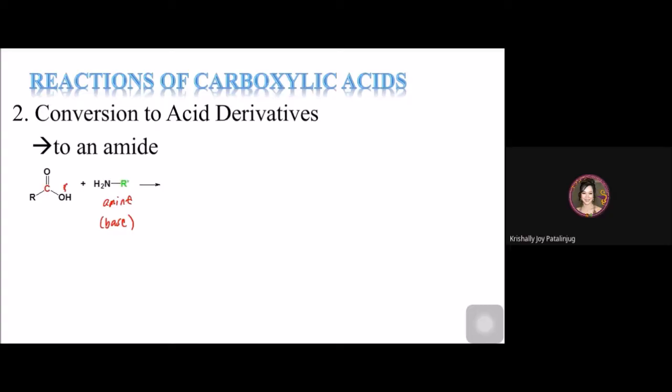Meaning to say, the whole leaving group hydroxyl will not be removed initially from the carboxylic acid. It will be deprotonated in order to donate that proton to the basic amine, forming a highly unreactive, non-reactive carboxylate salt in the form of ammonium carboxylate.